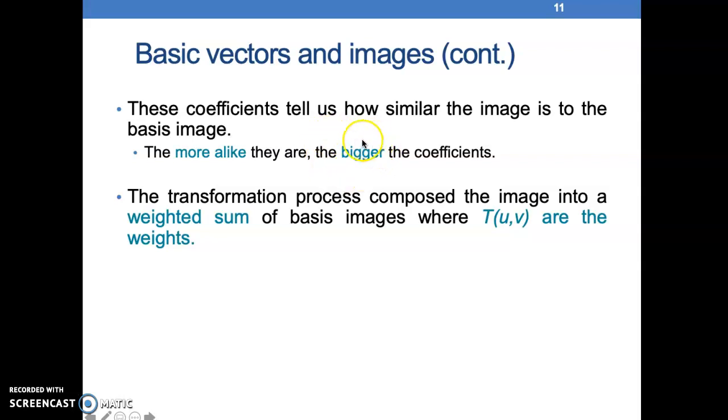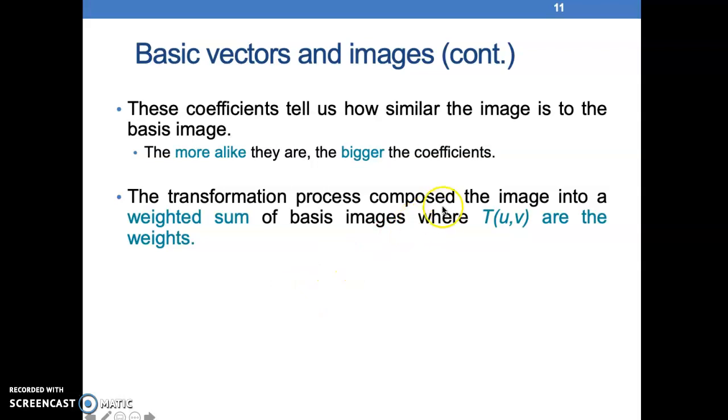If it is bigger, it is more alike to the basis image. If it is smaller, it is more different from the basis image.